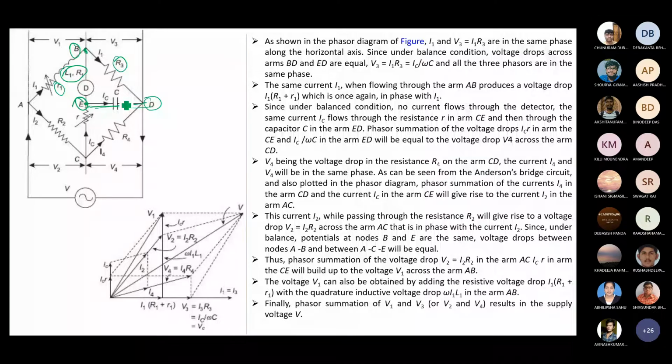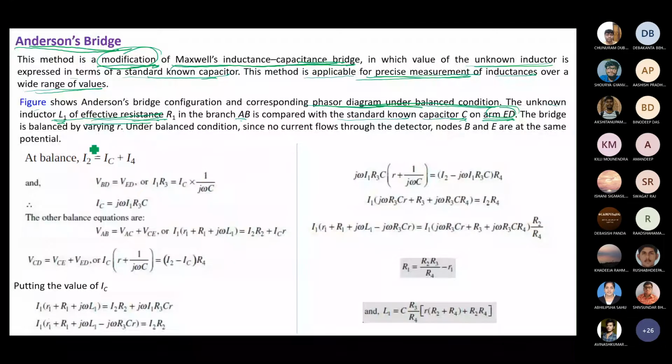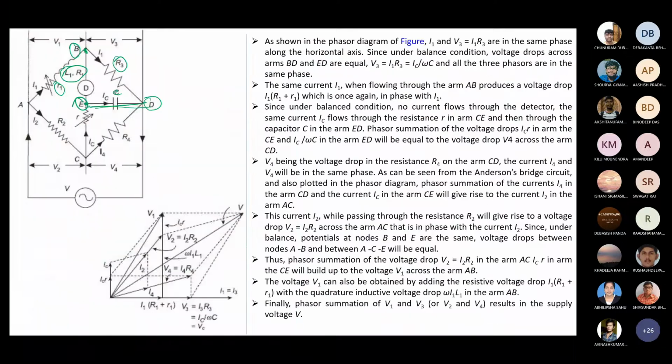So that will be balanced with that arm. Then the bridge is balanced by varying the value of R. So that impurities are there, varying the values of R. They are doing that balance by varying the R.